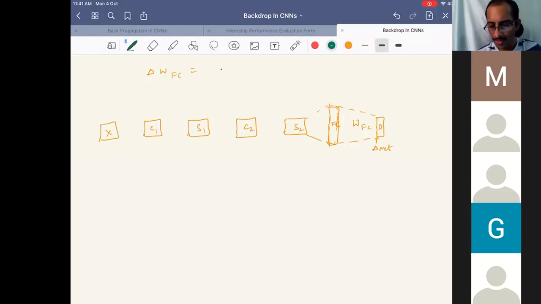Error at the output and the input. So you take the error at the output and multiply by the input, with transpose, taking the dimensions appropriately. That is what we discussed in the previous classes, right?